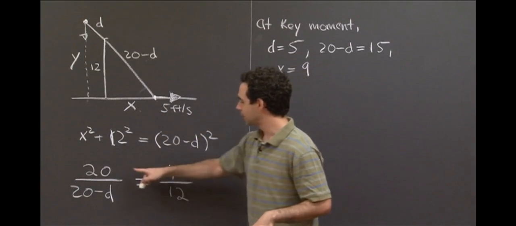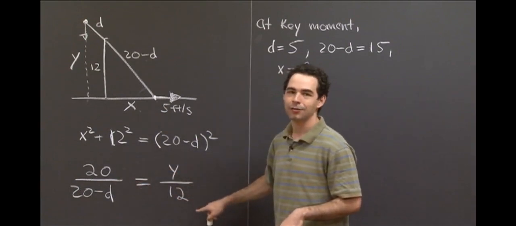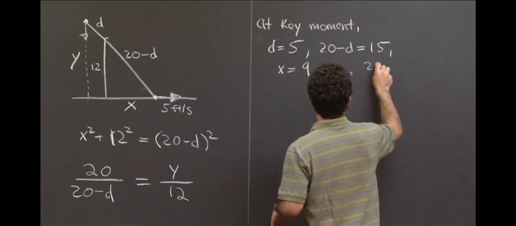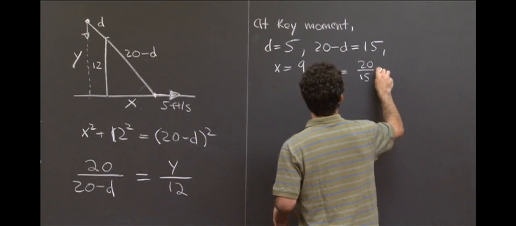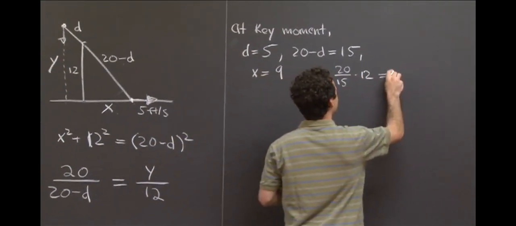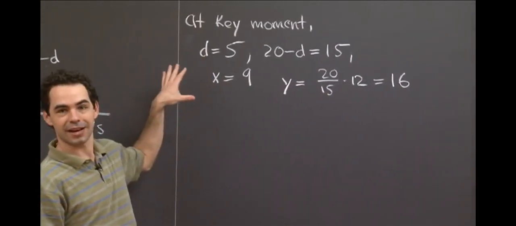So 20 over 15 is equal to y over 12. So y is equal to 20 over 15 times 12. So that's 4 over 3 times 12, which is 16.